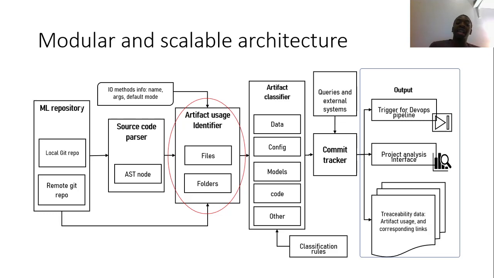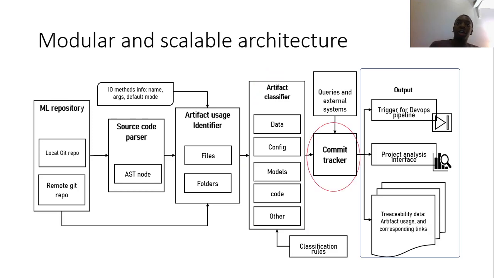Artifacts are usually files, folders, or even links, and then this information will be provided to the artifact classifier that is going to classify all the different identified artifacts and link them with their relevant code. For example, if a data is imported in a specific part of code, it will link them according to different classification rules that can be decided by the developers.